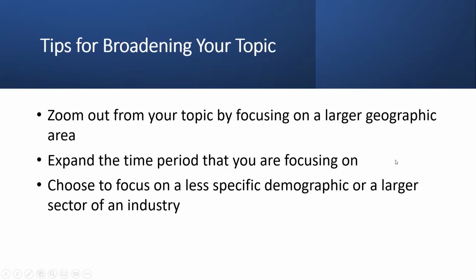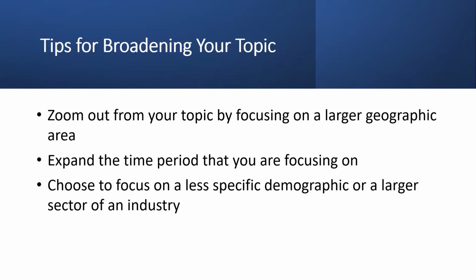Now some tips for broadening your topic. If you are focusing on something way too specific, like recycling among young adults in Canton, Ohio in the 1970s, that's so specific because you're focusing in on a very particular group of people within a very particular timeline, small area.